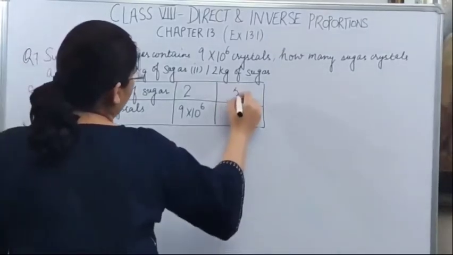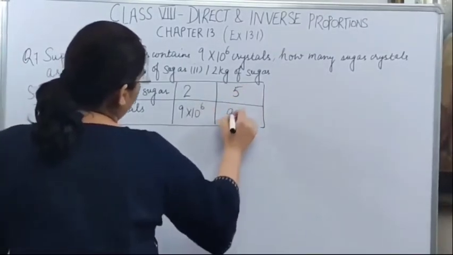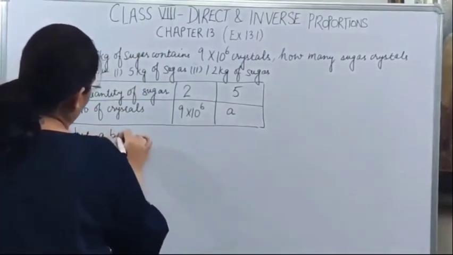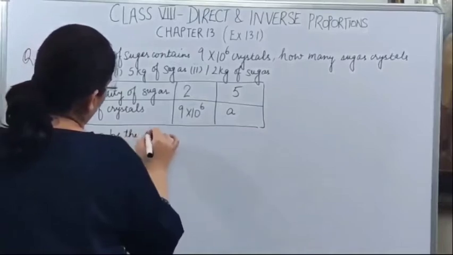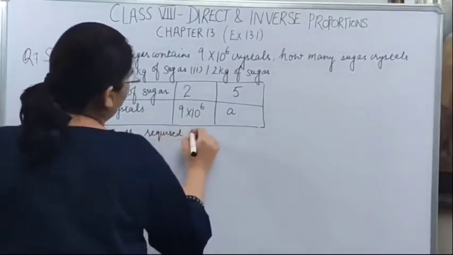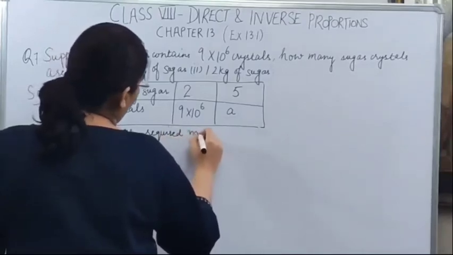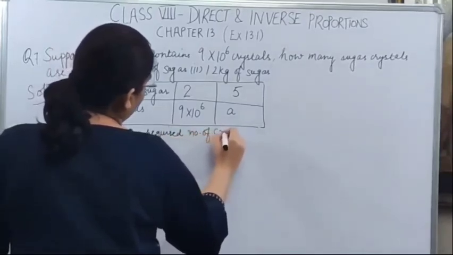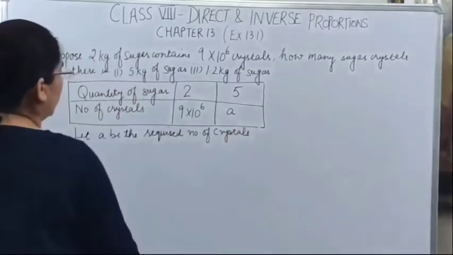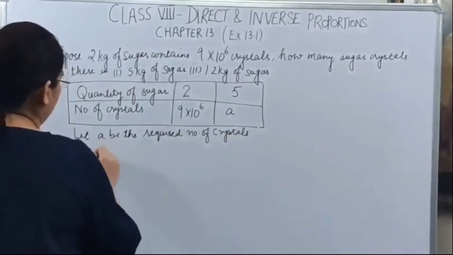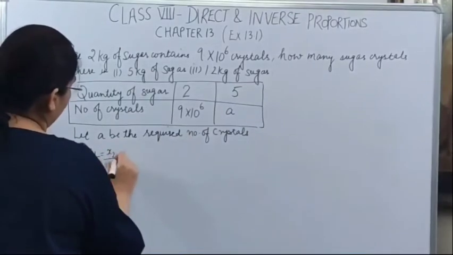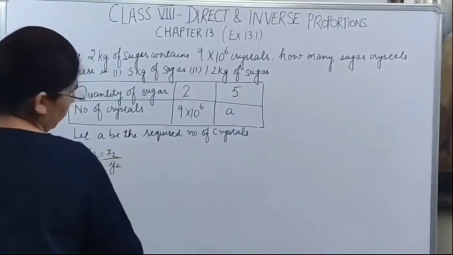So let this be 5, let A be the required number of crystals, right. And since it is a case of direct proportion, x1 by y1 equals x2 by y2.